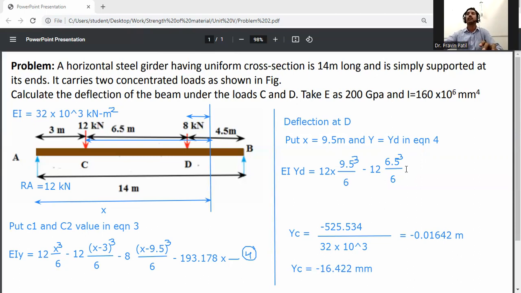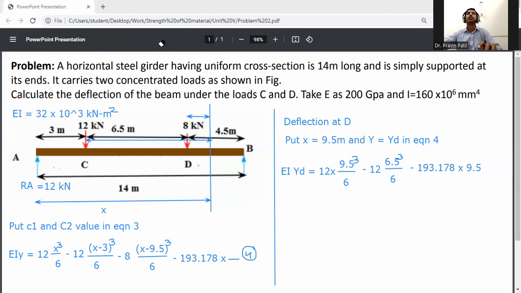Then next minus 8 into 9.5 minus 9.5, so this term is 0. Then minus 193.178 into 9.5.